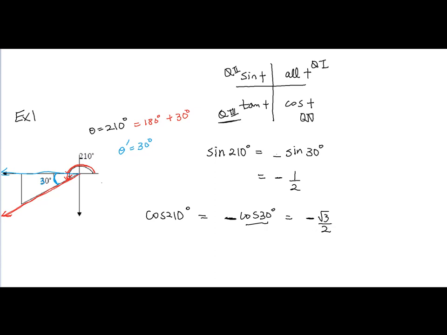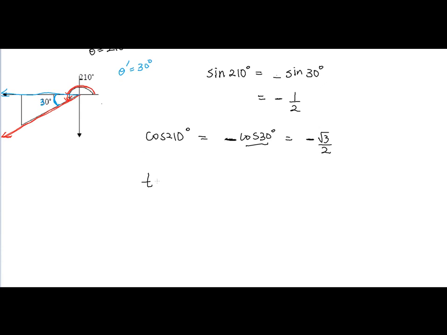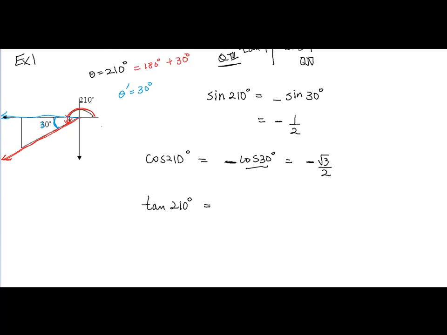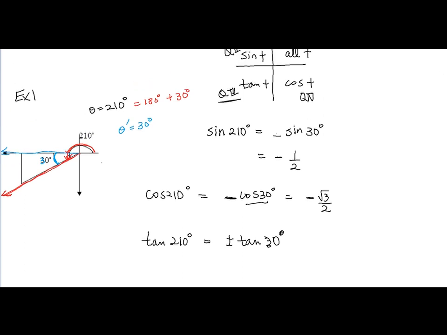Now what is tangent 210? Tangent 210 is the same as plus or minus tangent of the reference angle 30 degrees. But in quadrant 3, tangent is positive.